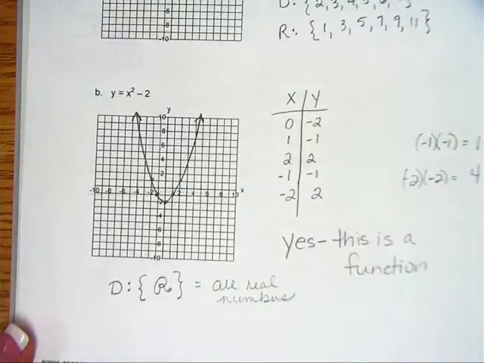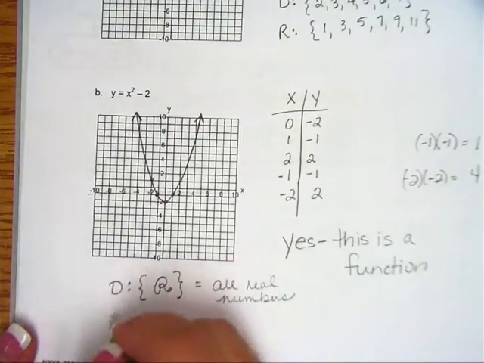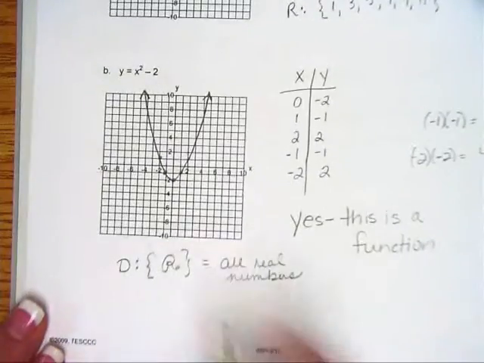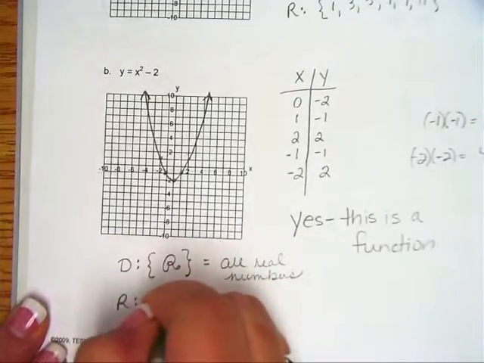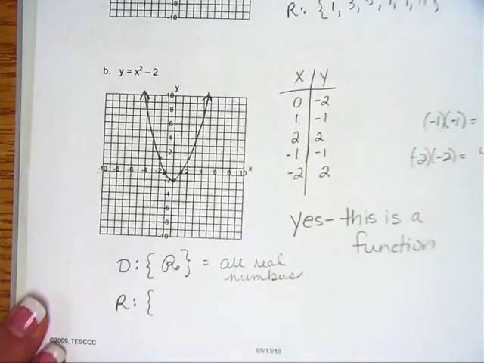Okay, now, what about the range? And be careful here with the range. Think about it. Yeah. All real numbers over -2. Does it include -2? There you go.